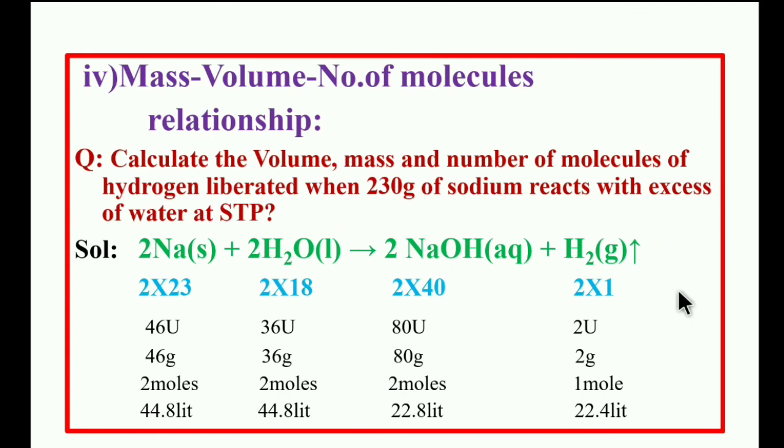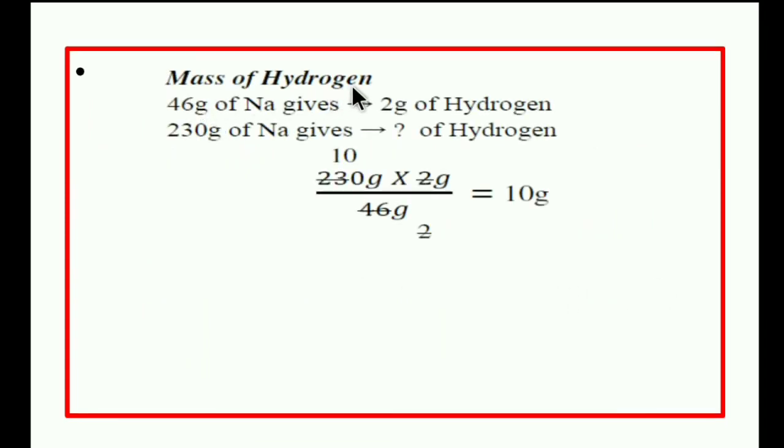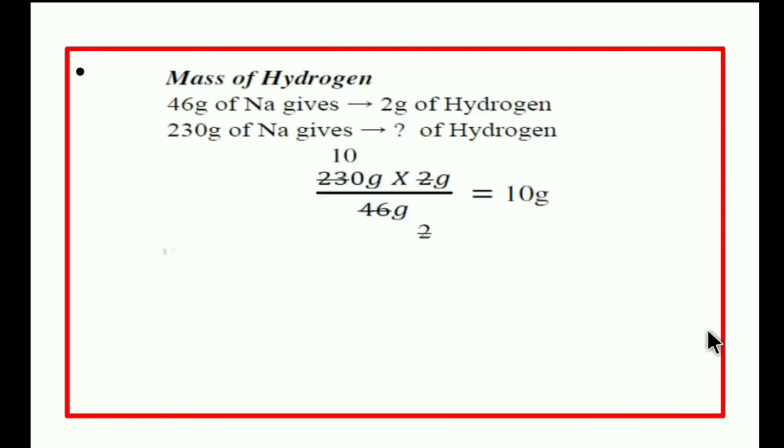Based on this we have to find out the volume, mass and molecules. Let us try to interpret here. First, find the mass of hydrogen. 46 grams of sodium gives 2 grams of hydrogen, isn't it? Right.